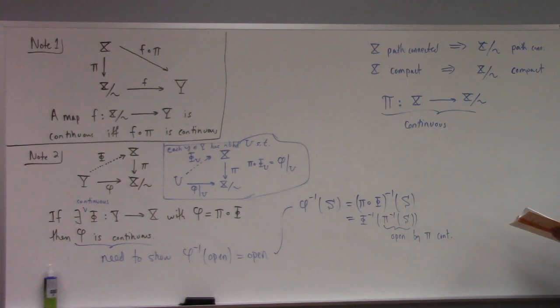We need all equivalence classes in big X to be closed. So in other words, we need the complement to be in the topology of X, right?